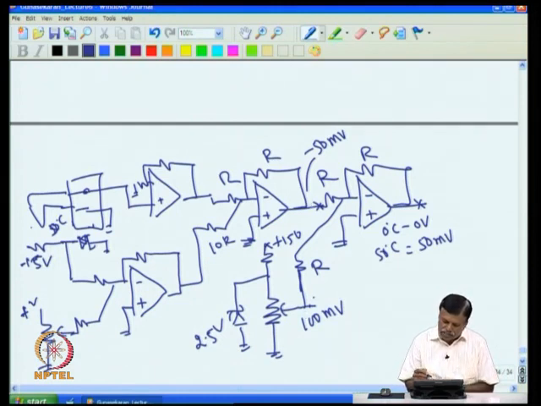So the net result would be that you have a plus here more, so you will get minus 50 millivolt here. So if I increase this, as long as this is higher, then you will get more and more minus here.